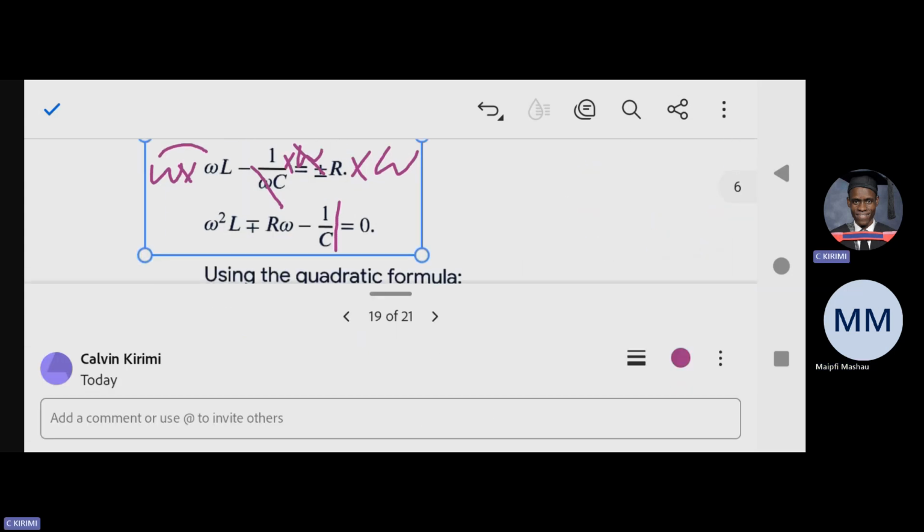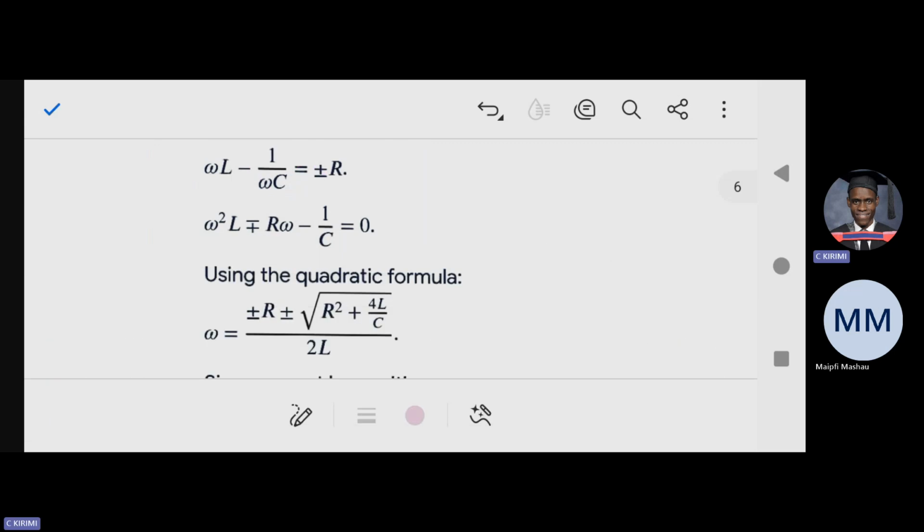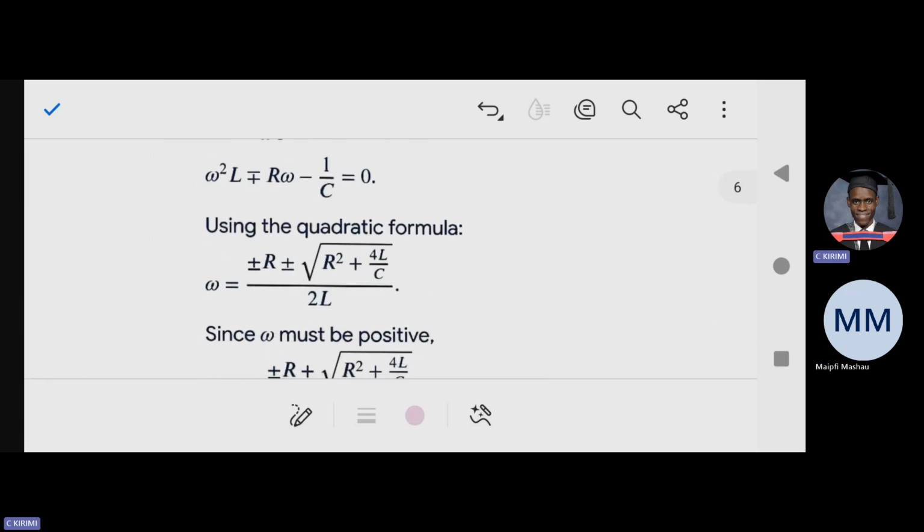All right. So here we multiply by omega. So don't forget that step. We multiply by omega each term, and then that's what we do. Now you use quadratic formula to solve. Now it's a quadratic form. We are having x squared, then the constant plus or minus r omega, and this is just a constant.